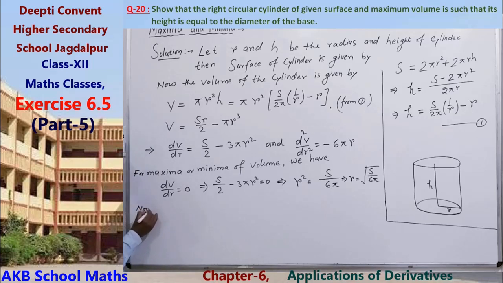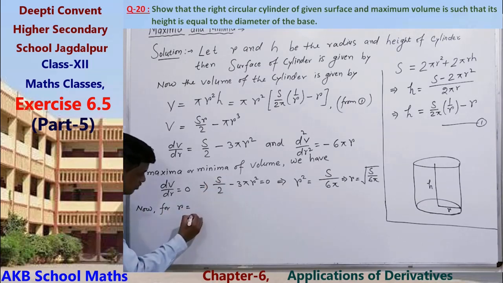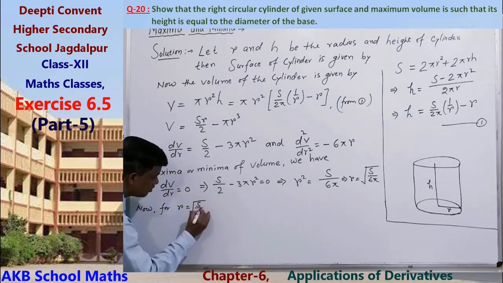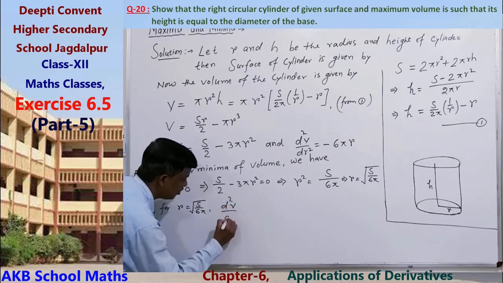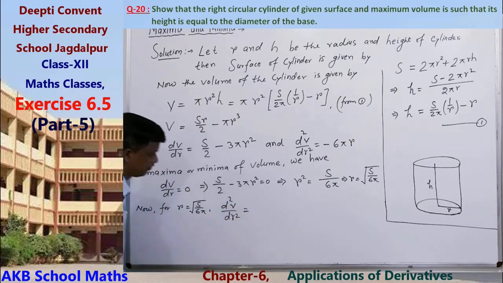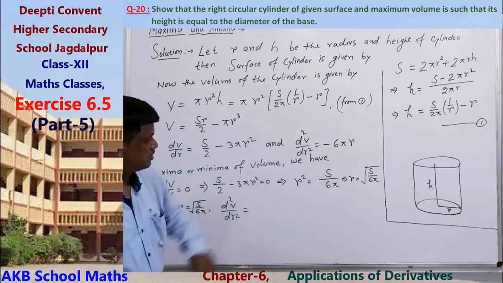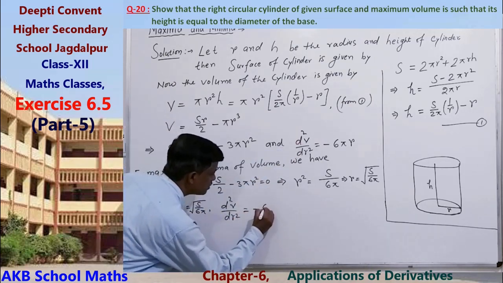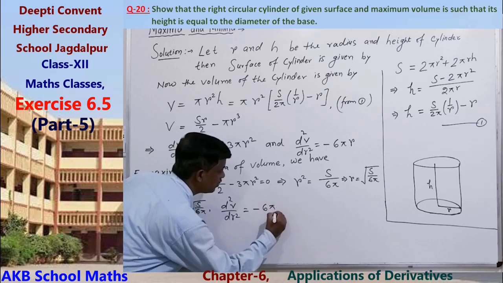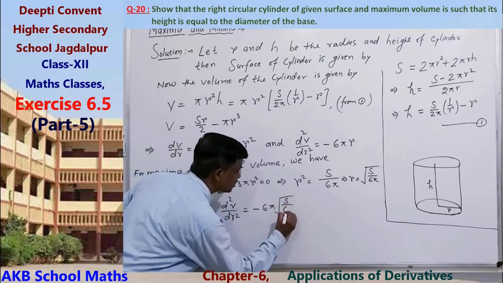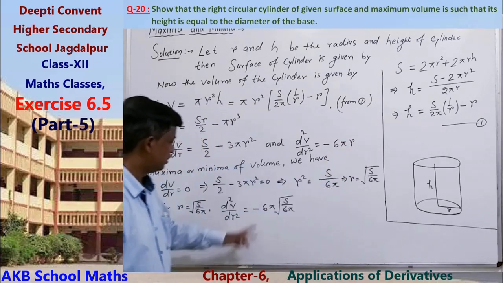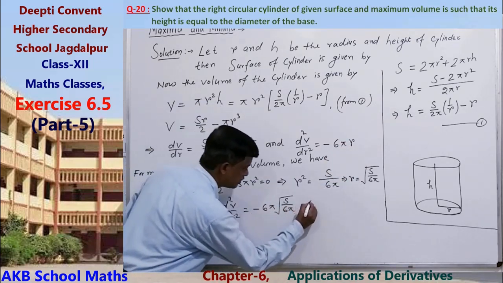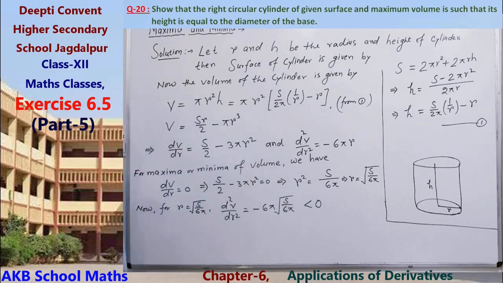Now for this r equals root of S upon 6 pi, d2V upon dr square equals minus 6 pi root S upon 6 pi, putting the value of r here. Clearly this is less than 0.